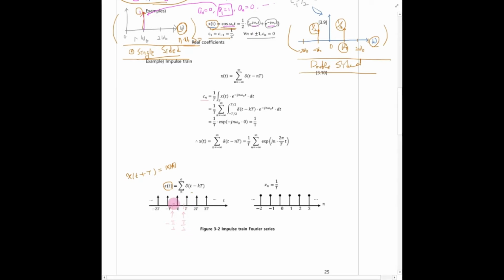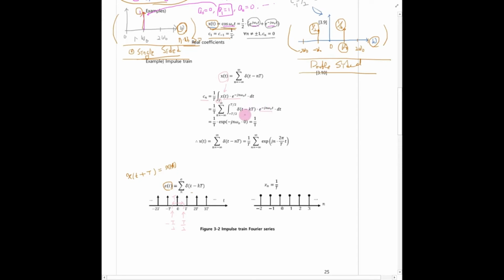So this period is expressed by the period T. During that period, we need to take the integration. We can replace x(t) with the impulse train. Then 1 over T, sigma, and taking integration from minus T over 2 to T over 2, of delta(t minus kT) times the nth harmonic component.